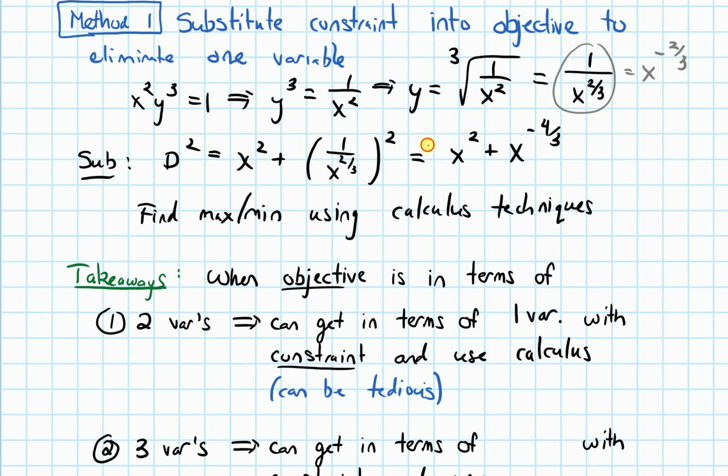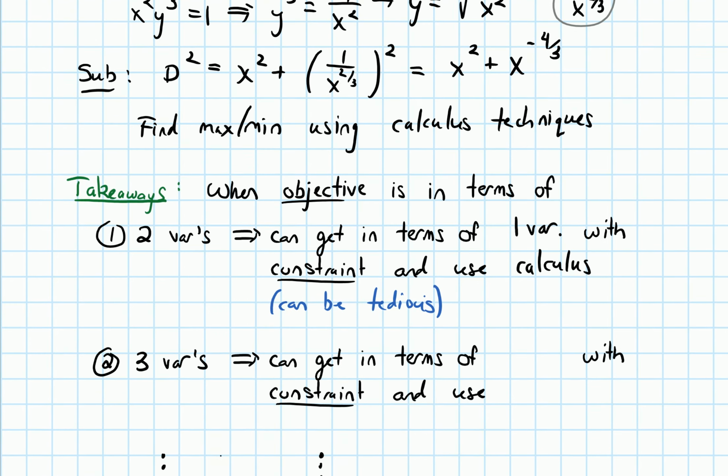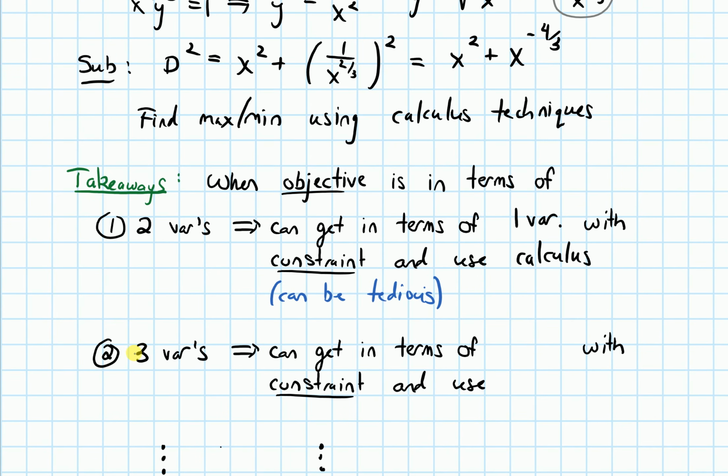In this example, I would say it's actually not that tedious, but in practice it can be quite tedious. What if we had a function where our objective was in terms of three variables? Then we could get this in terms of two variables with the constraint, assuming we just had one constraint equation. And for a function of two variables, we've talked about how to find the absolute max and absolute min in the previous section.